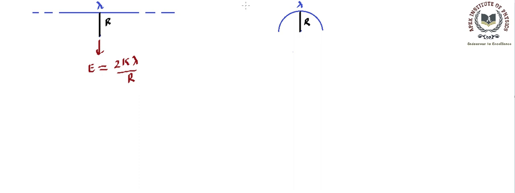In a very similar fashion, we have also proved that the field because of the semi-ring at the center point is in this direction, and that field is 2k lambda upon r.